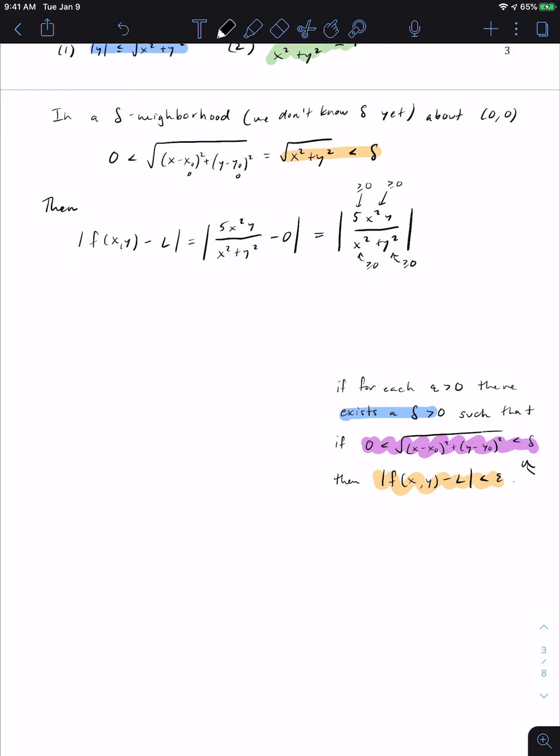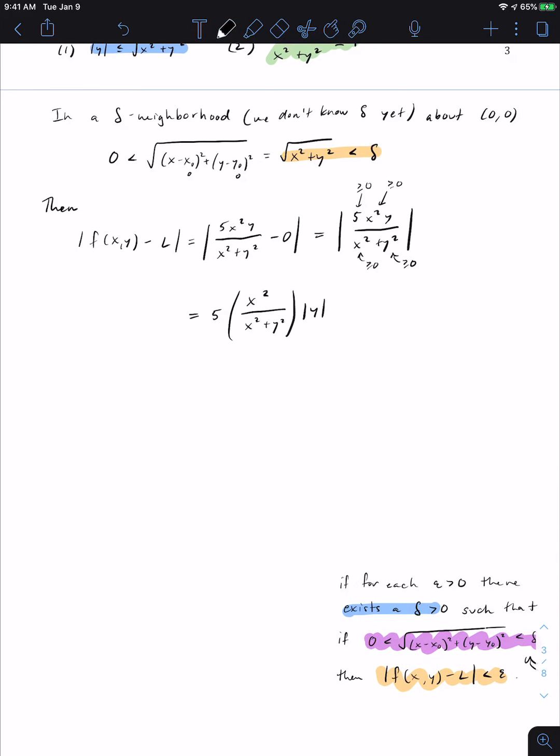So the only thing that's really benefiting from the absolute value is the y, right? So I can rewrite this as 5 times x squared over x squared plus y squared times the absolute value of y. Because writing the absolute value around the rest is redundant.